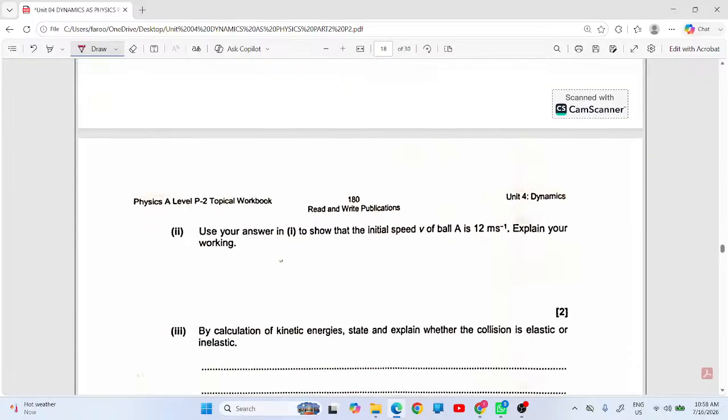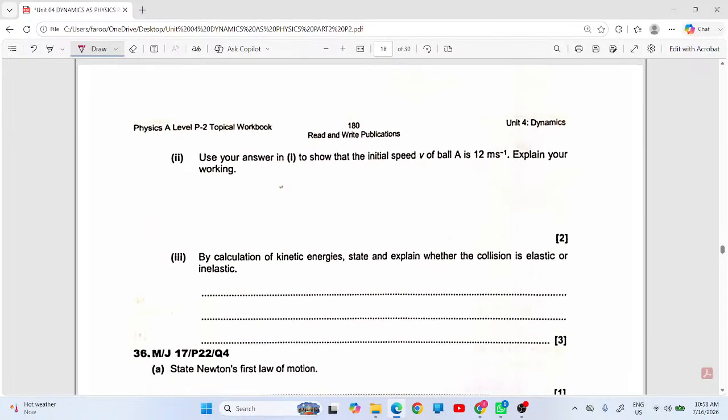Next is: show that the initial speed of ball A is 12 meters per second. Initial speed of ball A, now we have to find.